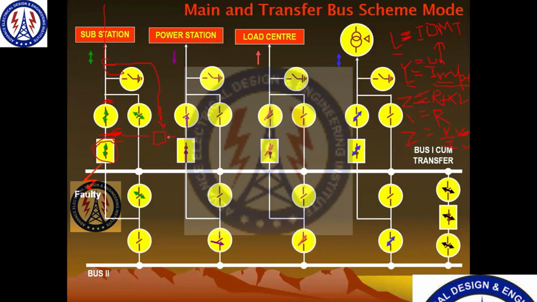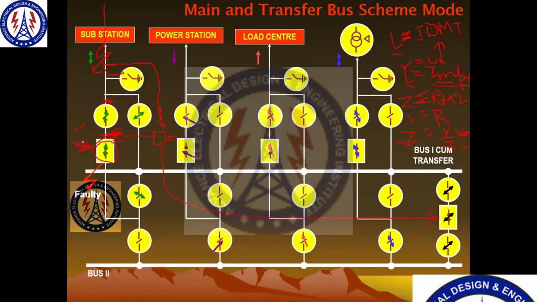So to operate this relay, when a line fault occurs, this impedance protection will work. Your VT voltage and current come automatically, so it makes your distance relay operate. And when a fault occurs on this line, it will give a trip command to this circuit breaker rather than this circuit breaker.